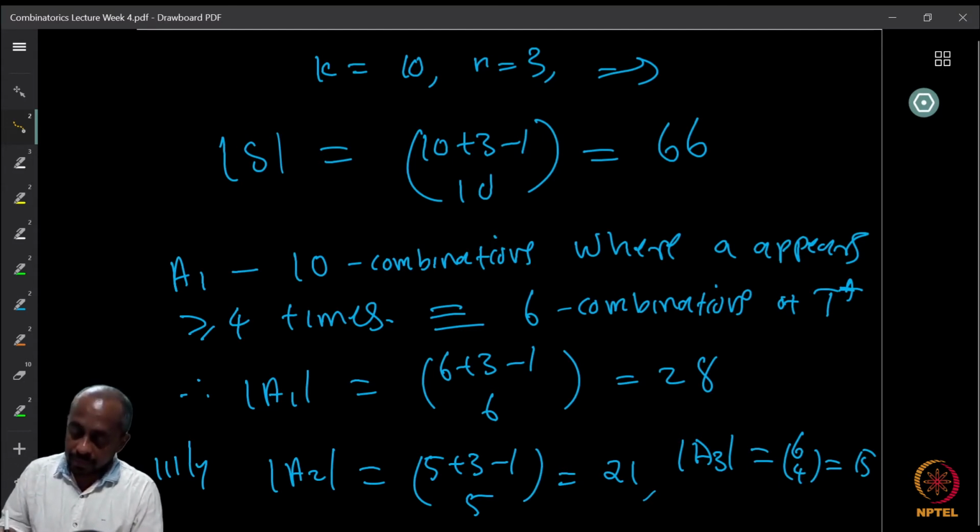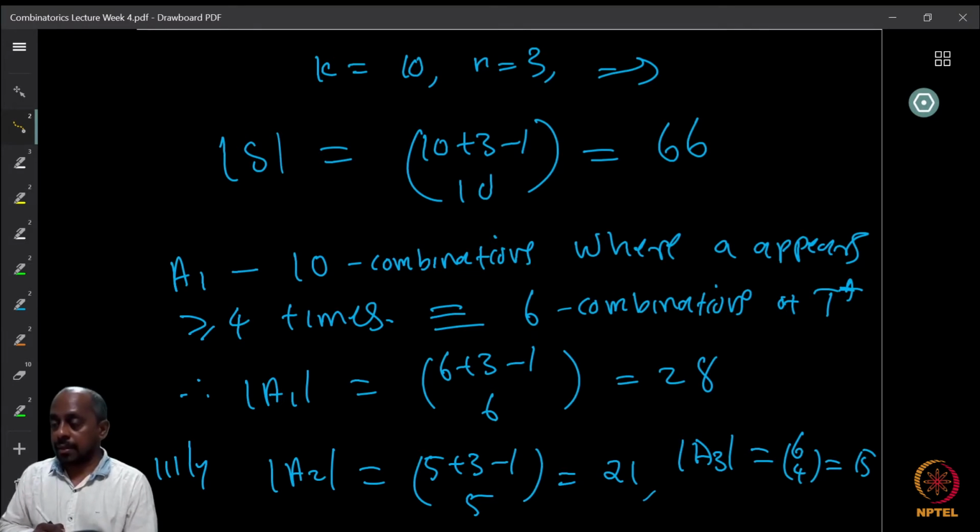So you have a 6 combination of T star where you are looking at the multi-sets using this infinite possibility of elements, and then you add the 4 A's back, then you are going to get 10 combinations where there is at least 4 A's, right?